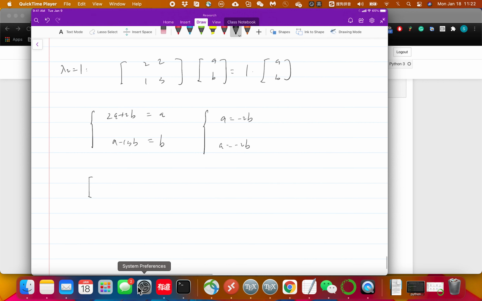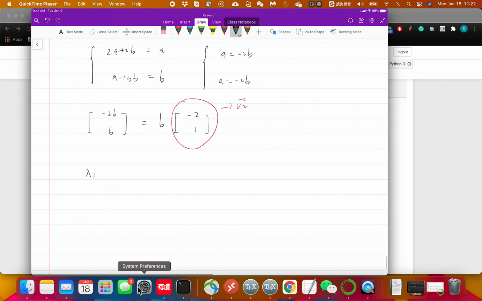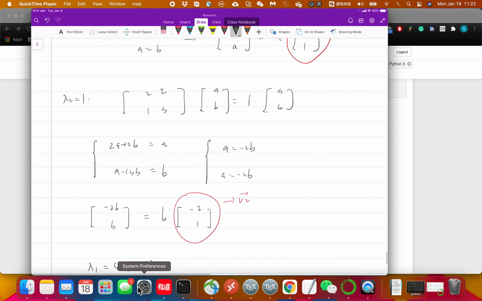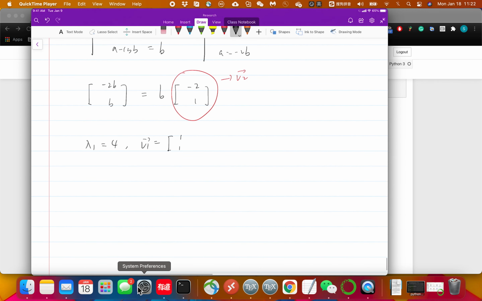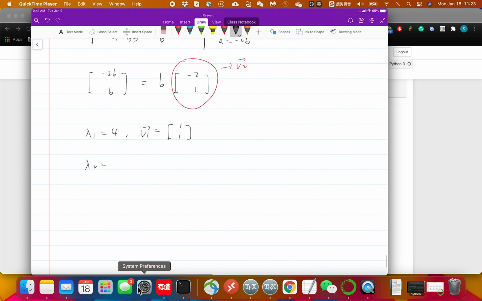Then you have the vector v2 is (-2b, b). Of course, this is kind of boring, but if you have a computer, it can tell you really quickly. Either way, λ1 = 4 with v1 = (1, 1), and λ2 = 1 with v2 = (-2, 1).